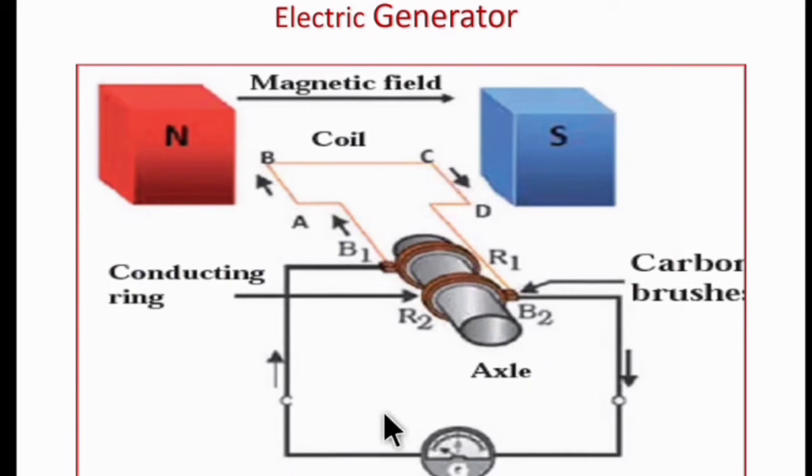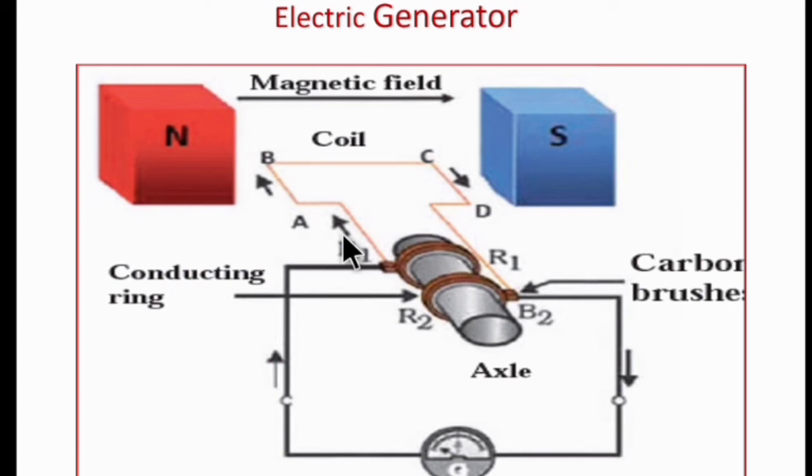In the external circuit, the current flows from B2 to B1 through the galvanometer. If instead of one loop, a coil consisting of several turns is used, a current of several times the magnitude flows.